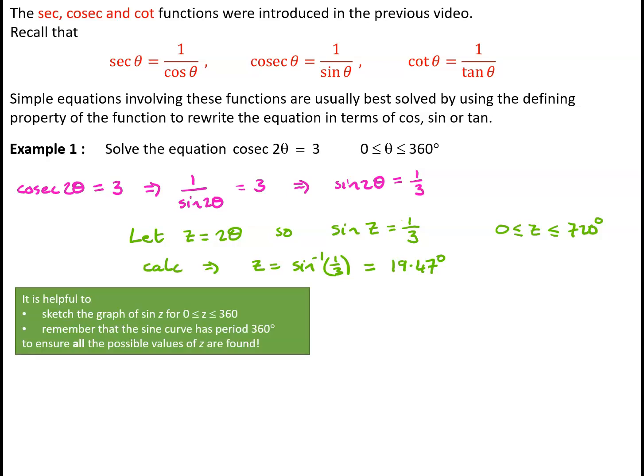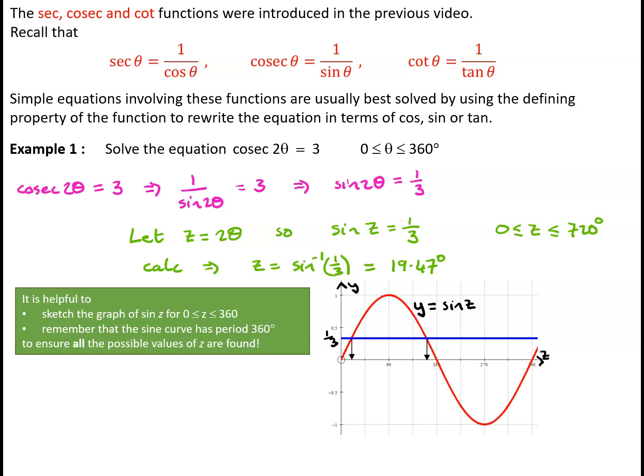Then it's worthwhile just having a mental sketch, or actually a physical sketch, of the sine curve between 0 and 360, and also to remember that the sine curve repeats every 360 degrees.